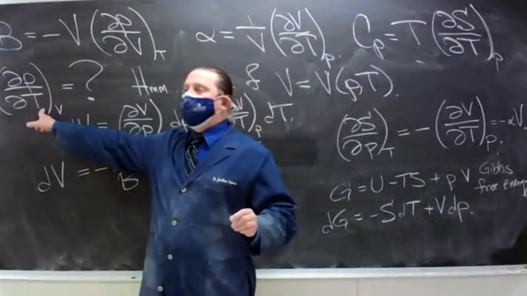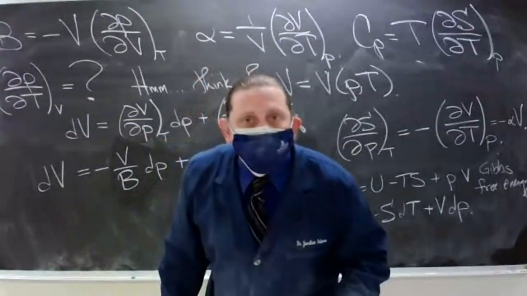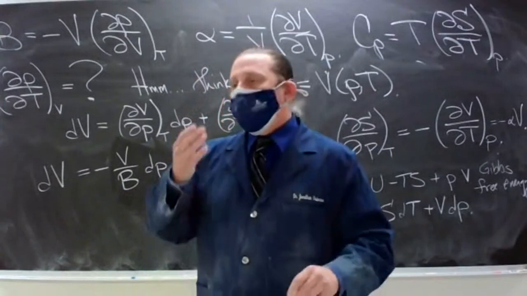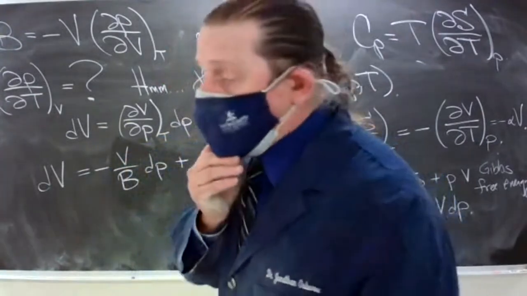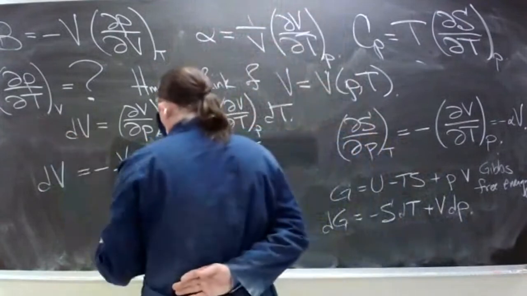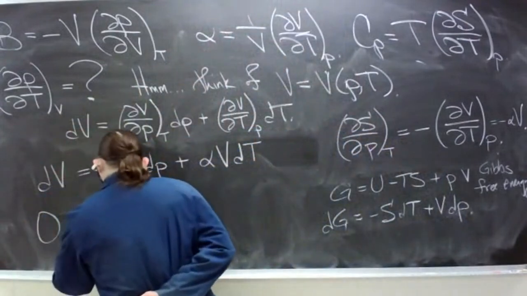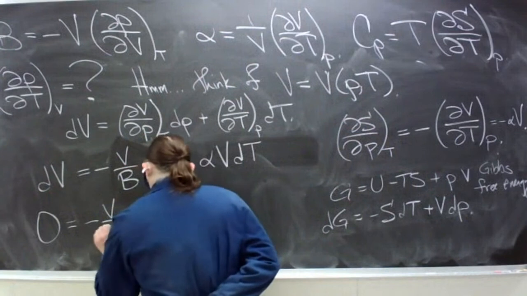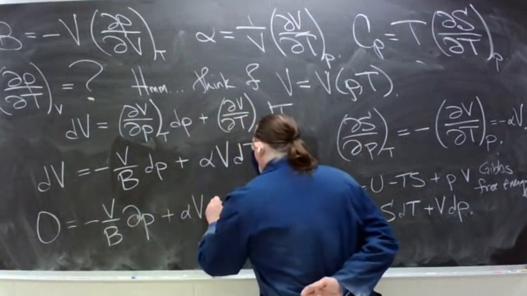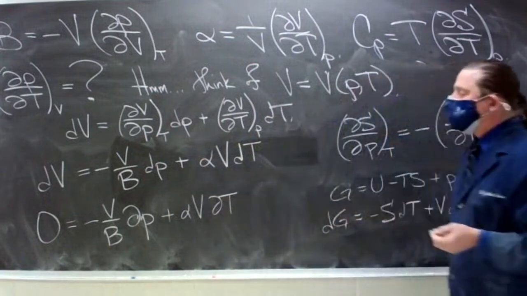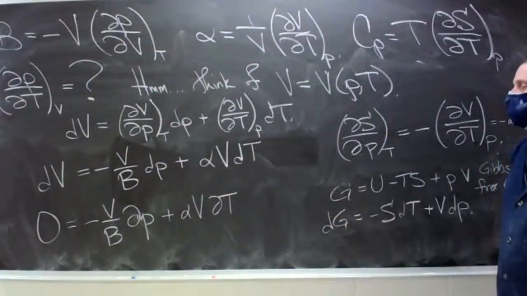But I wanted a derivative at constant volume. So as far as what we're interested in, the volume is fixed. So I would get that. All right?